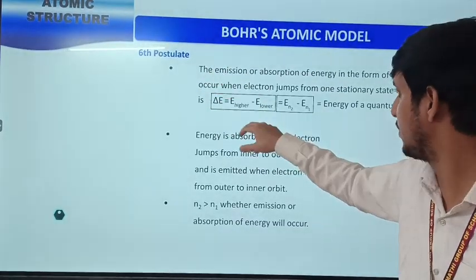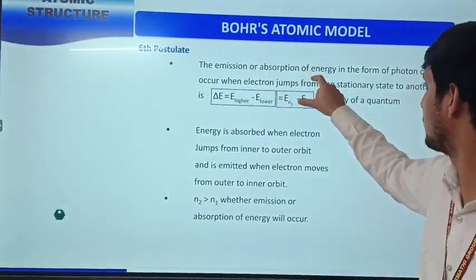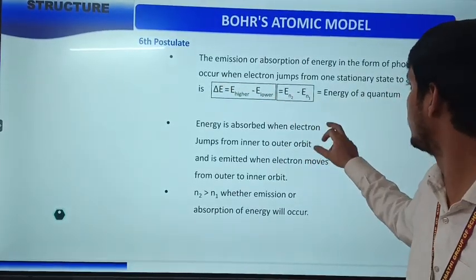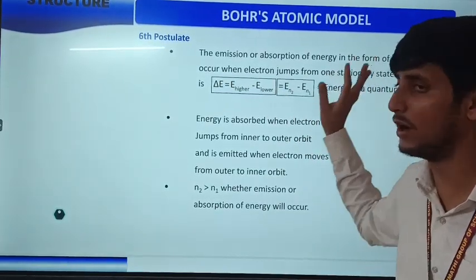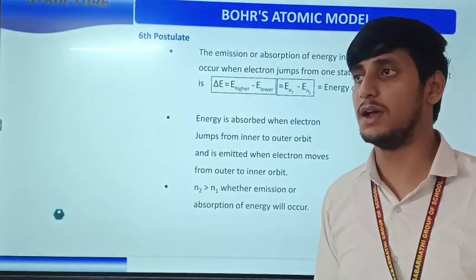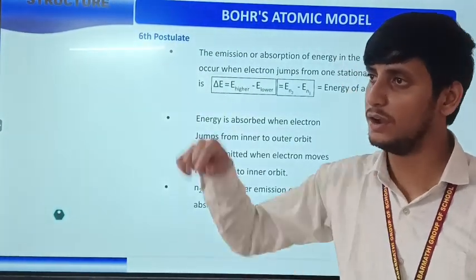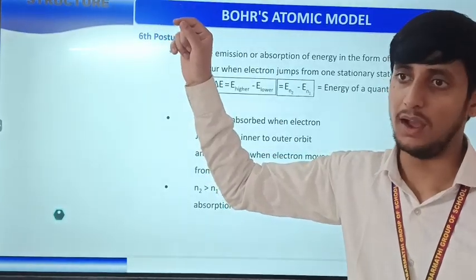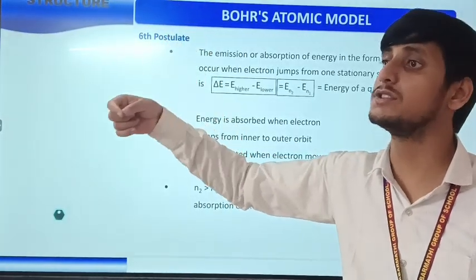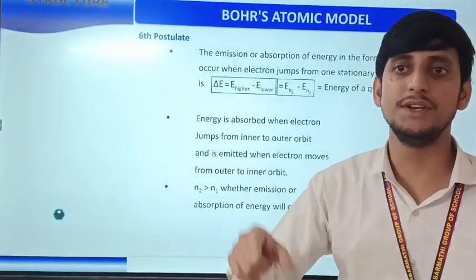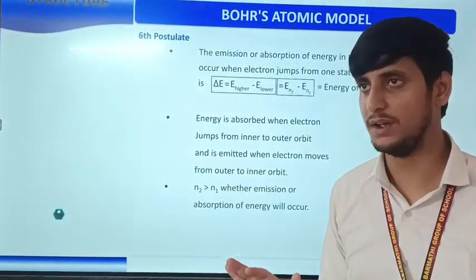Sixth postulate first. The emission and absorption of energy from photons can only occur when electrons jump from one stationary state to another. When electrons absorb energy, they get excited from a lower state to a higher state. And when electrons emit energy, they go from a higher state back to a stationary or fixed orbit.